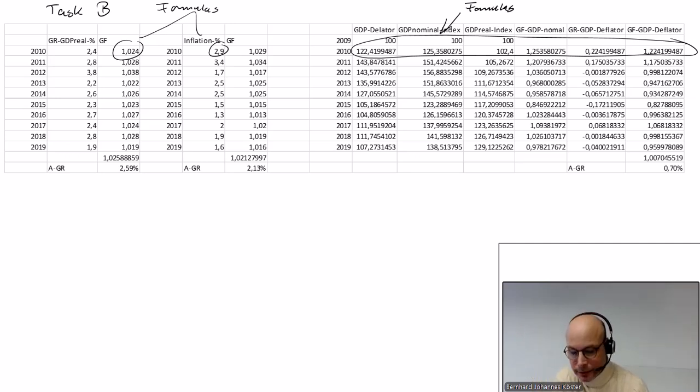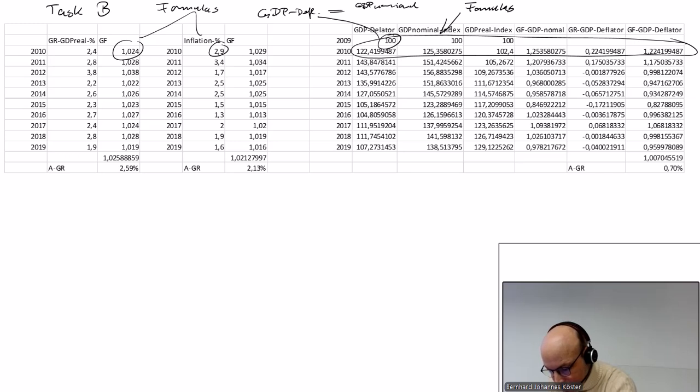Yeah. And especially what we need is, again, GDP deflator is GDP nominal over GDP real.